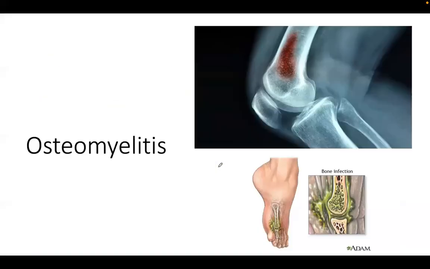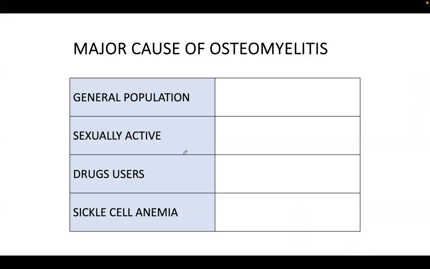Okay, let's continue. Now, osteomyelitis in the general population, the most common cause is also Staph aureus. Please take note of the different organisms. If there is a sexually active individual who develops osteomyelitis, what is now the organism? Again, what is the organism for sexually active?